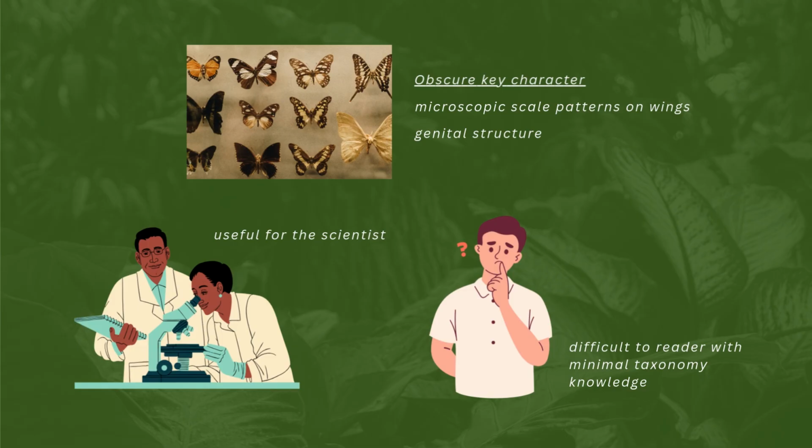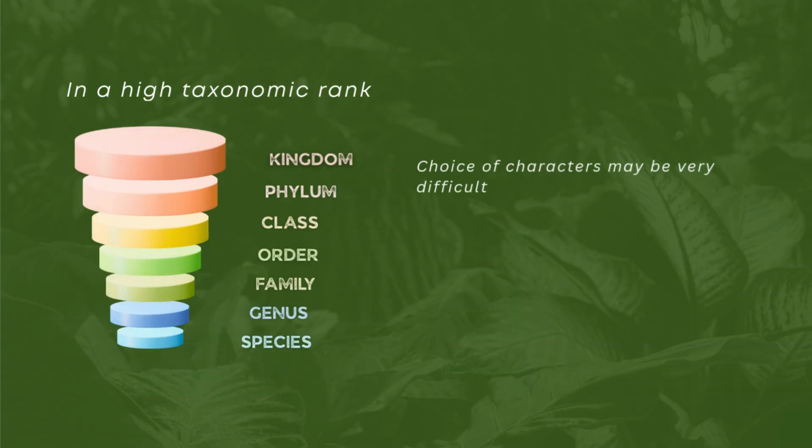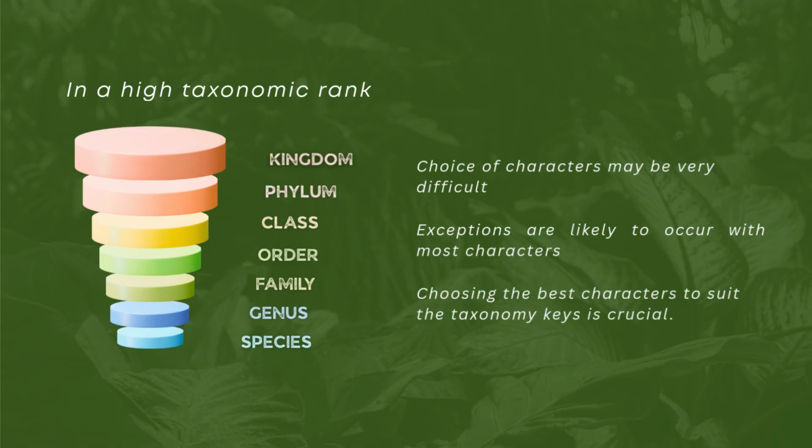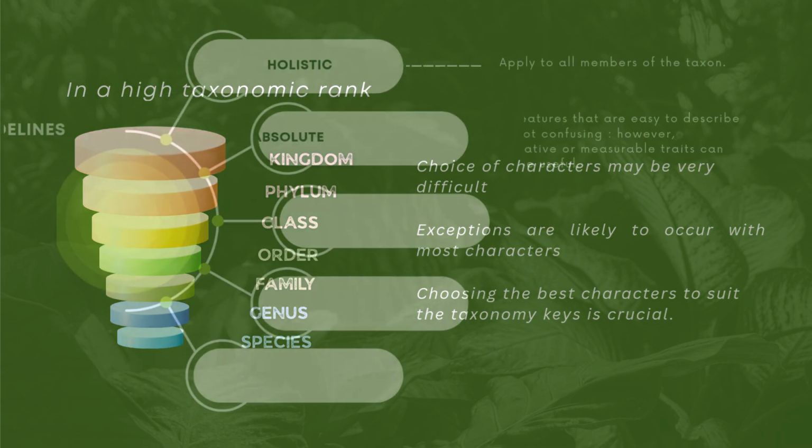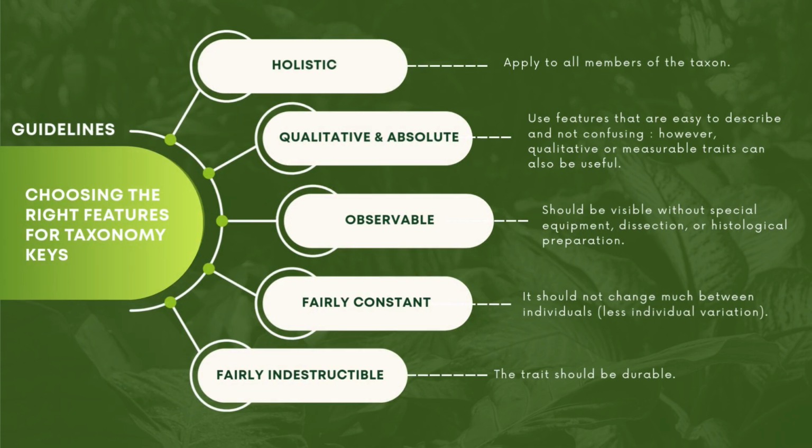Instead, in a high taxonomic rank, the choice of characters may be very difficult because some exceptions are likely to occur with most characters. Hence, choosing the best characters to suit the taxonomy keys is crucial. Here are some guidelines for choosing the best characters in taxonomy keys.